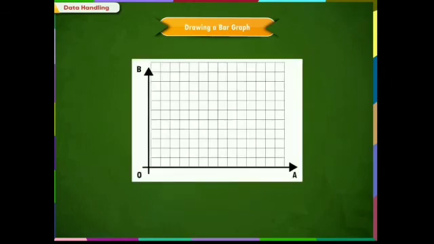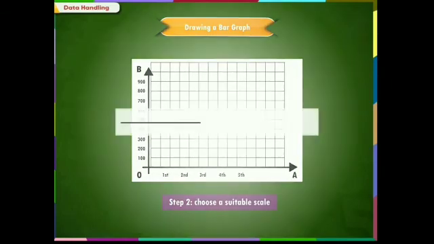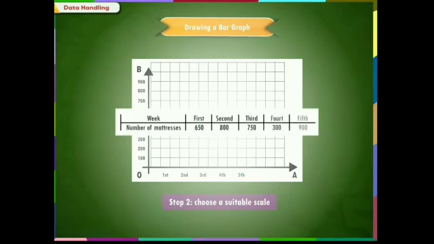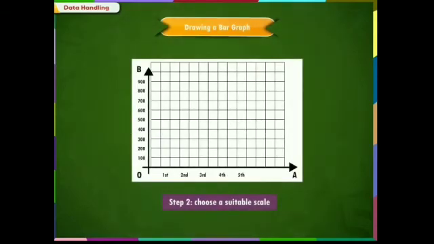The next step is to choose a suitable scale. Look at the numbers we have: 650, 800, 750, 300, and 900. We have to mark these numbers on the vertical axis.